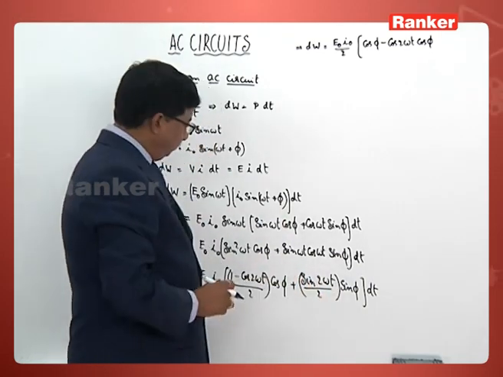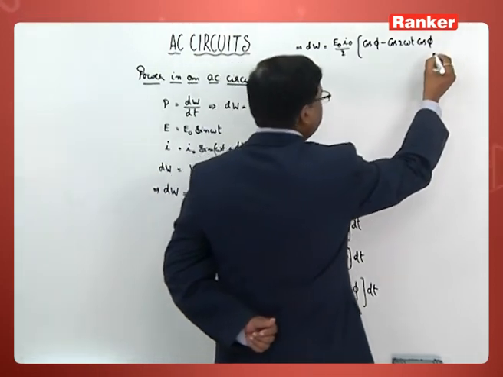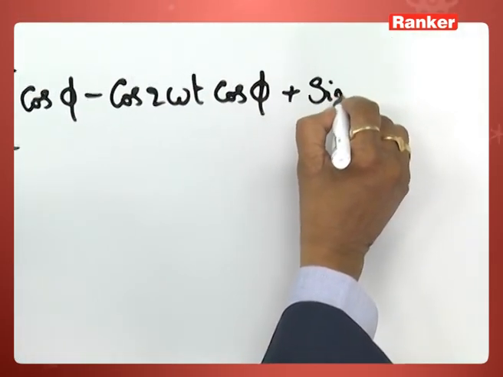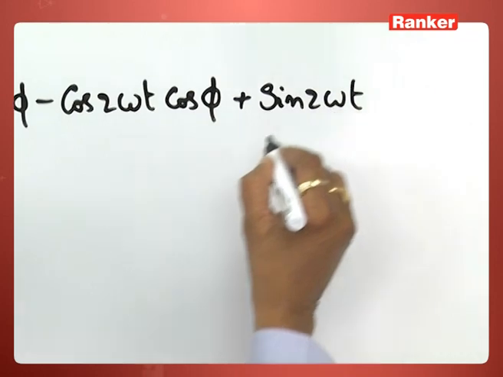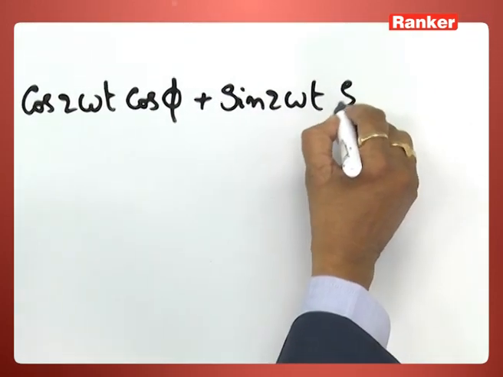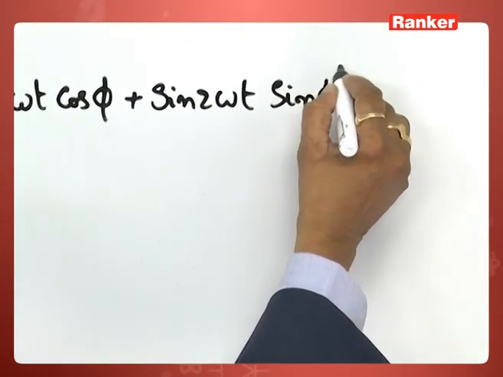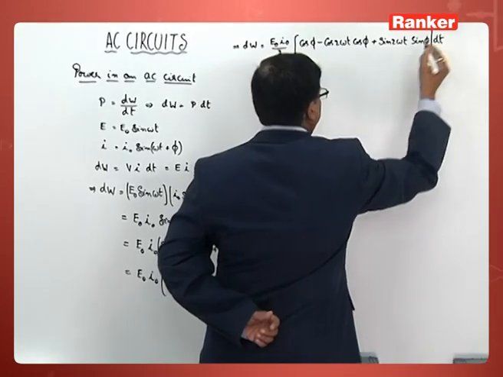See the second term, plus sin of 2 omega t into sin phi, this into dt.